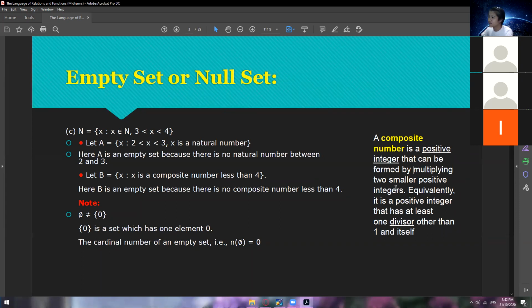Okay, so in here, it is a positive integer that has at least one divisor other than 1 and itself. So multiplyable siya by two smaller positive integers like 3 times 2, okay, which is 6, wherein 6 can be divided by 3 or by 2. Kasi sabi dito, dapat madidivide mo siya other than a divisor 1 or by itself.